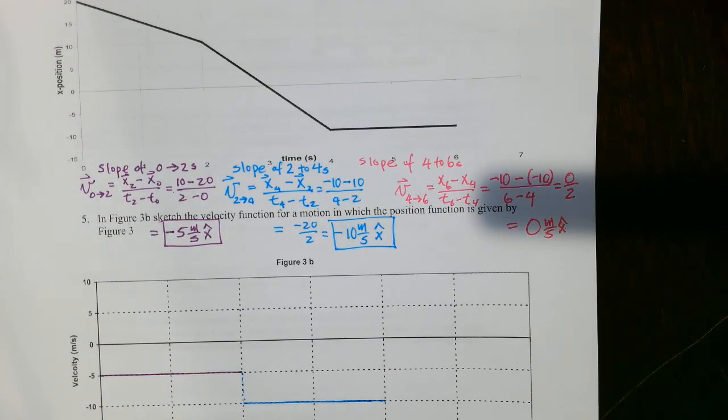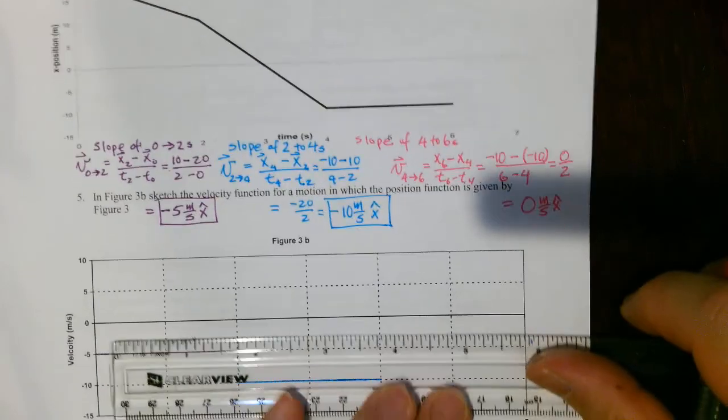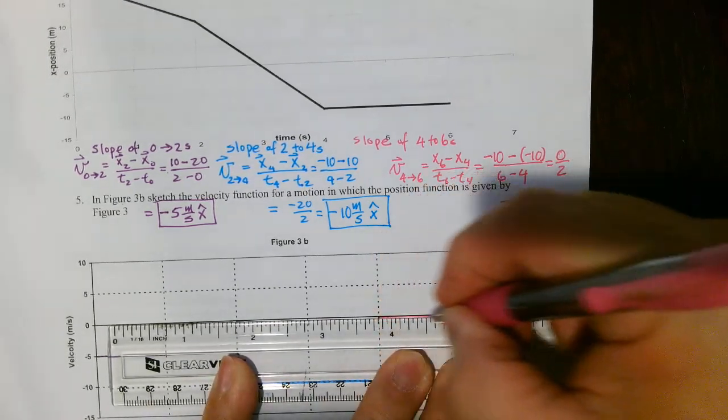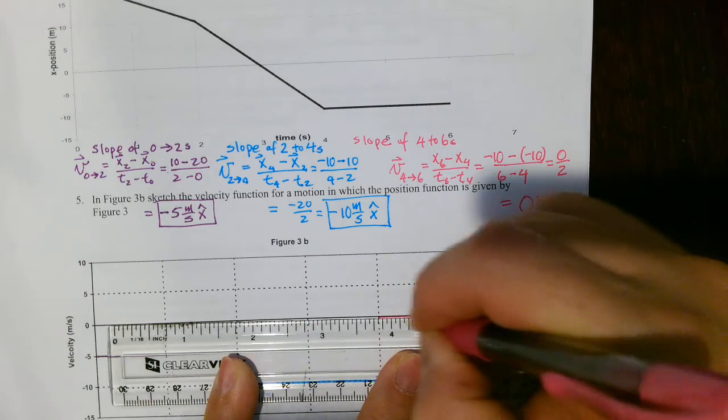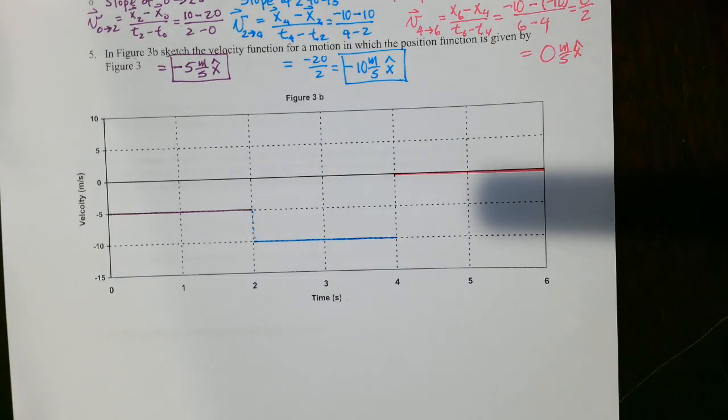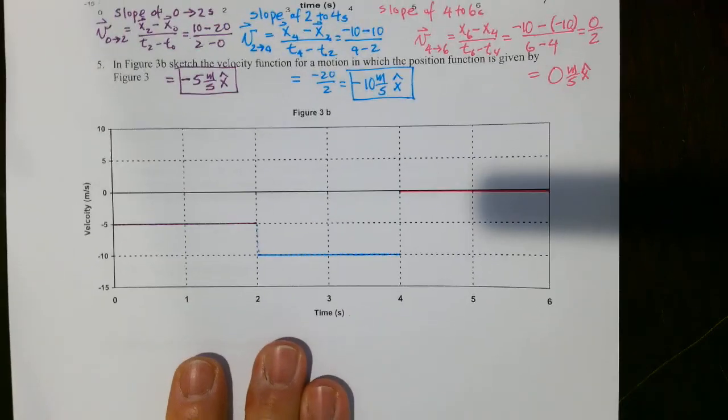Therefore, for 4 to 6 seconds, we have 0 meters per second. And voila. Okay? So this is what we have.